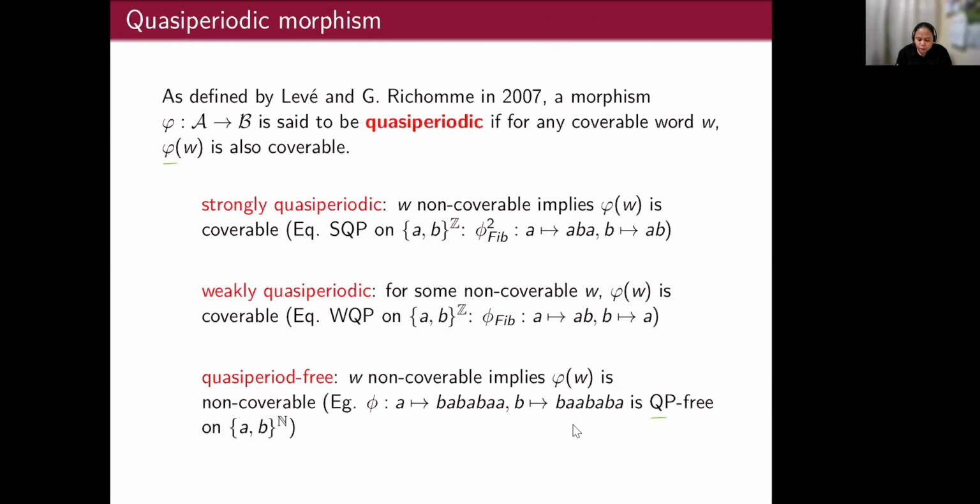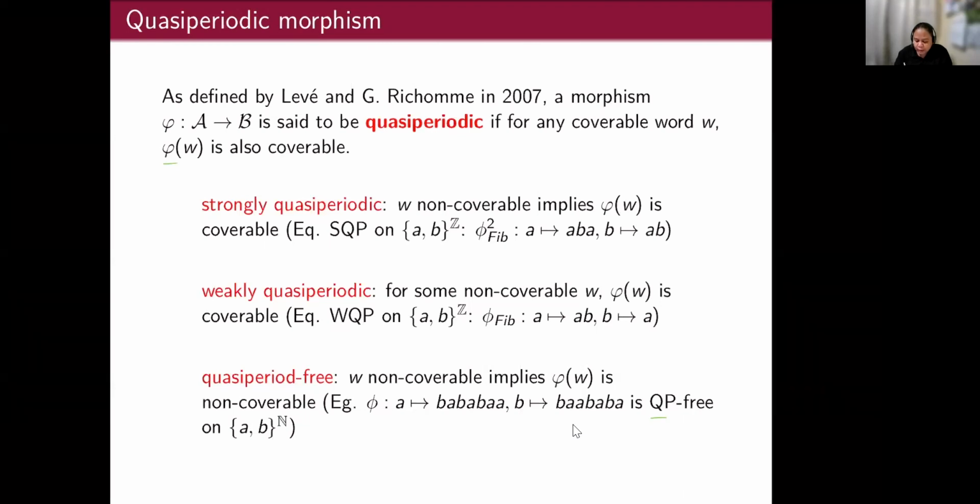A quasi-periodic morphism is said to be strongly quasi-periodic if whenever W is non-coverable, its image is still coverable. A quasi-periodic morphism is said to be weakly quasi-periodic if for some non-coverable W, its image under phi is coverable. Meanwhile, the morphism is said to be quasi-period free if whenever W is non-coverable, its image under phi is non-coverable. Some examples of these types of morphism are listed here.